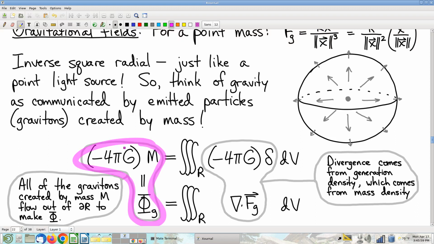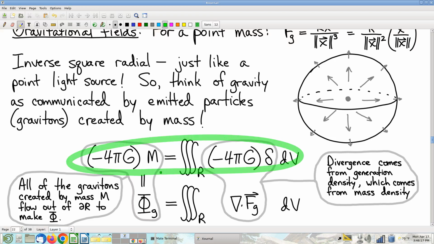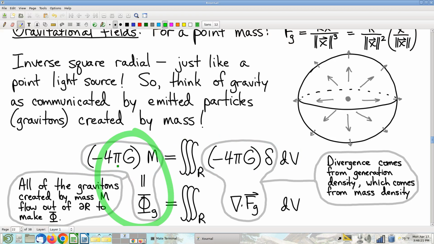The flux is proportional to the mass, and the proportionality constant is this negative 4 pi G, which is why I had multiplied both sides of this top equation by negative 4 pi G. Okay. All right. So, is everybody okay with this equation, I believe? And is everybody okay with this equation? Again, don't worry about the specifics of the constant. That's just details.